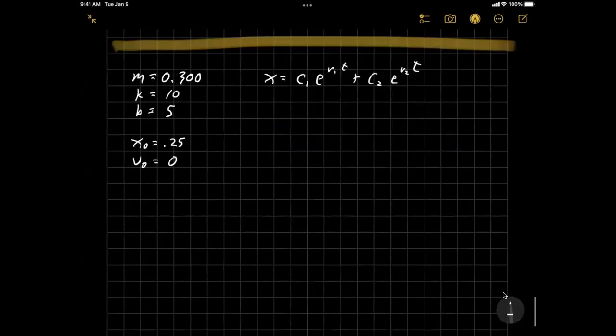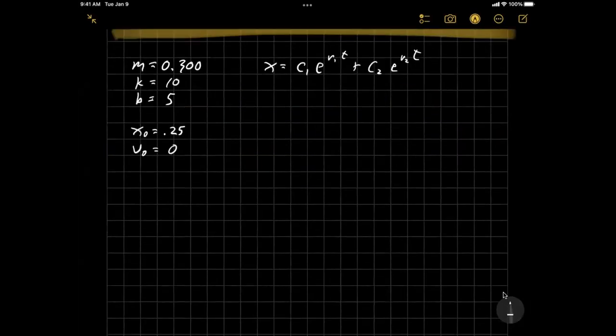Okay, so here we have the parameters, and remember our general solution for overdamping is right there. So in order to figure this out, we'll first need to figure out what R1 and R2 are in terms of numbers, and then we're going to have to figure out C1 and C2, which is a little more complicated than what we did in the last problem.